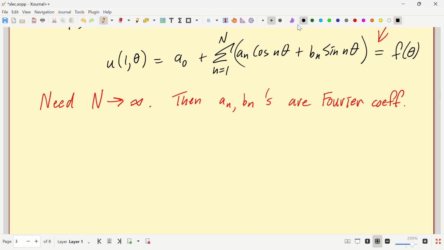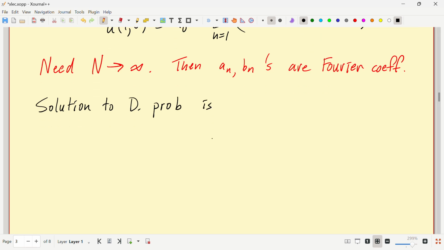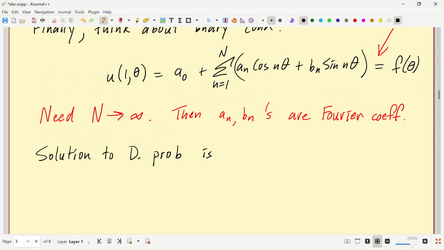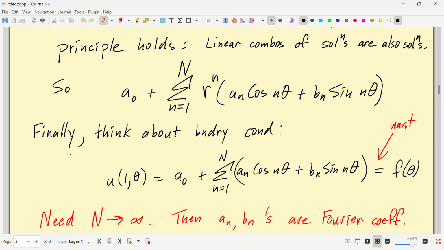The solution to the Dirichlet problem is, I guess I have to write it again. This time I have to let it go to infinity.